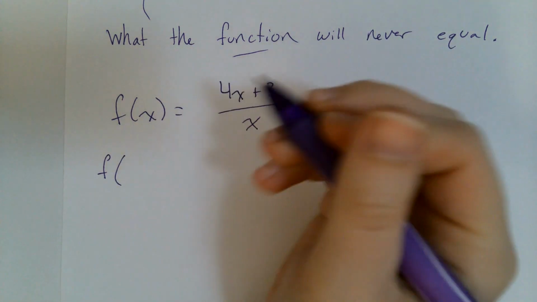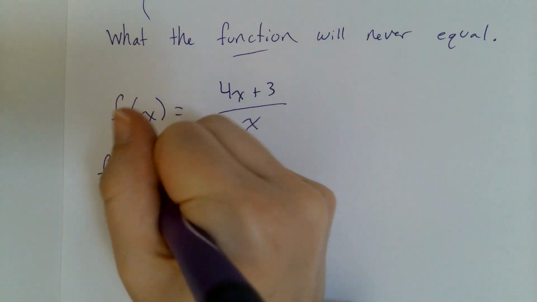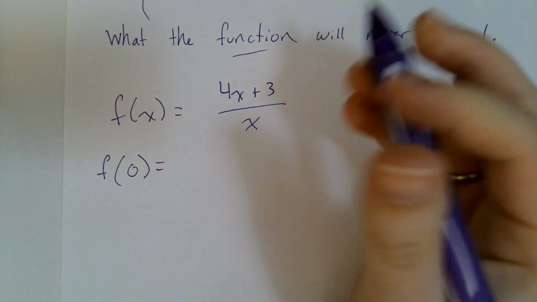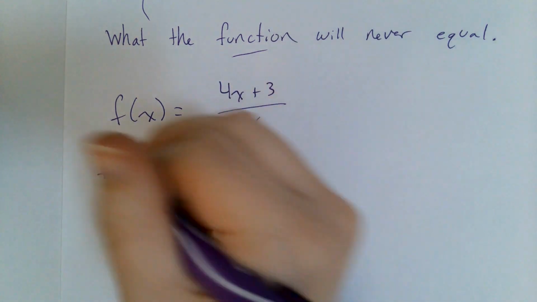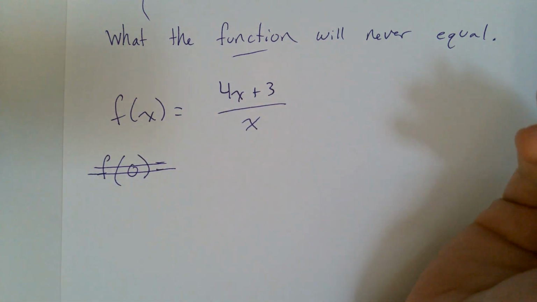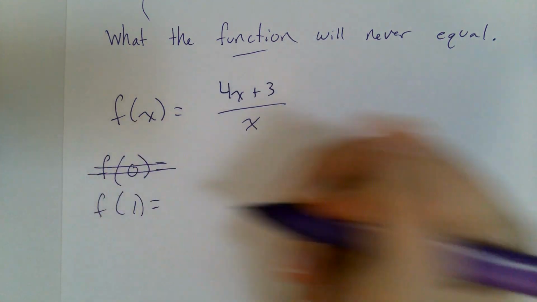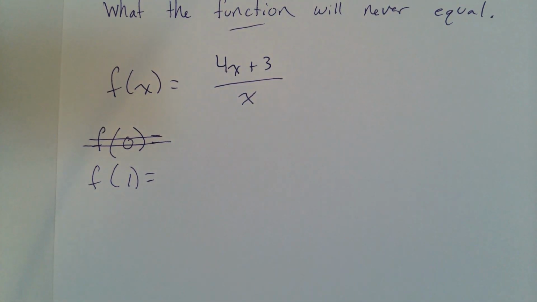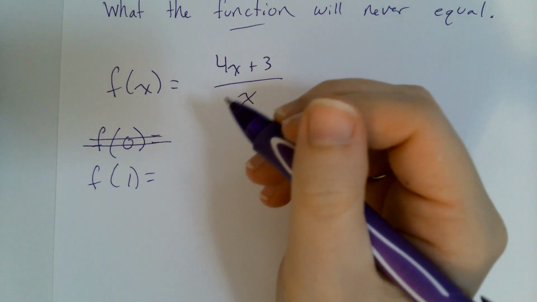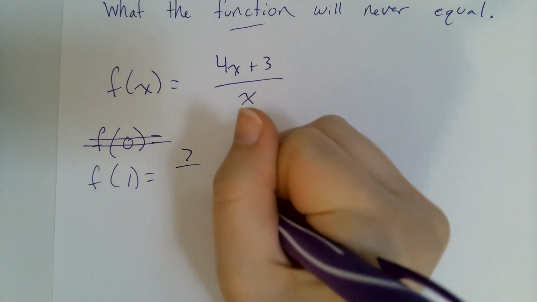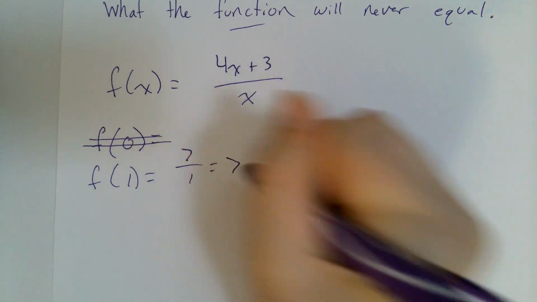Let's start by plugging in 0. Oh, we can't do 0 because that's going to make it undefined. So let's try 1. That's going to give us 7 over 1, which is just 7.